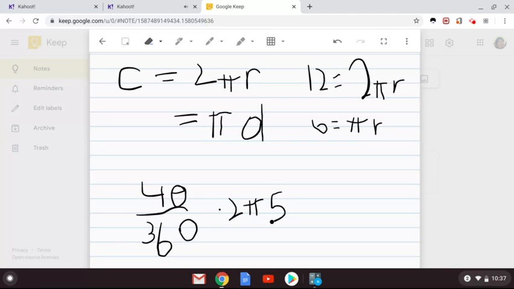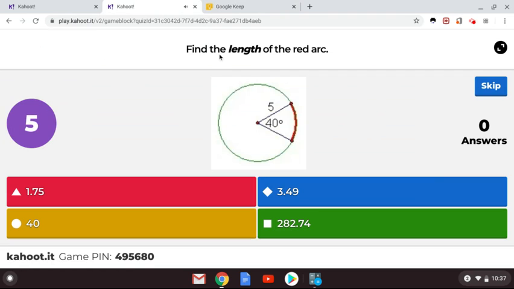I'm just going to go ahead and show you. Remember, this is again 11.1. It's the measurement of the arc over 360 times 2 pi r. And I ran out of time.